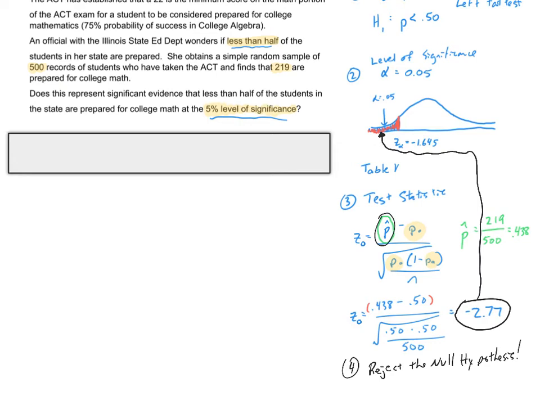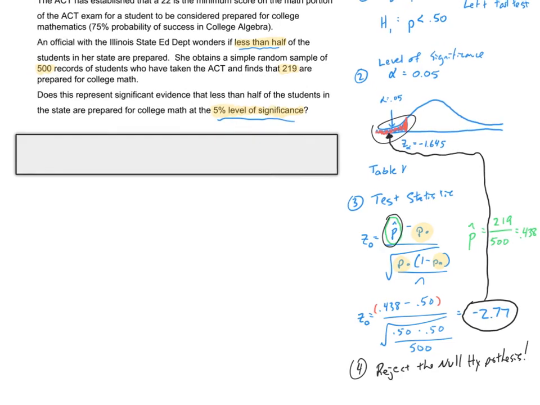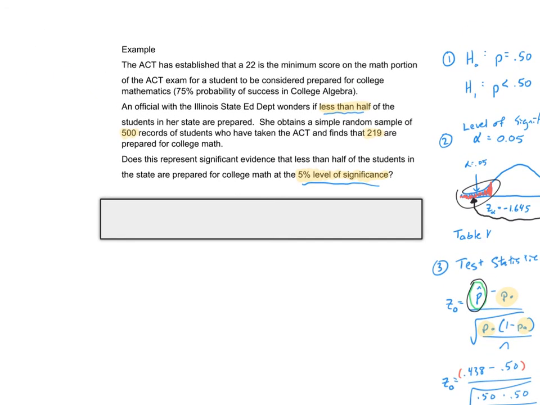We reject the null hypothesis because we fell in that critical region. If that z-score had been anywhere else that isn't beyond negative 1.645, you don't reject the null hypothesis.